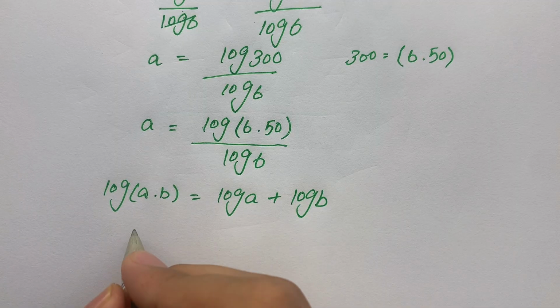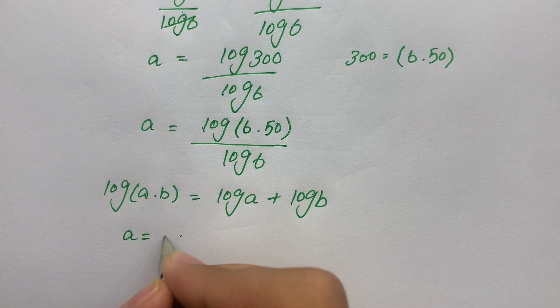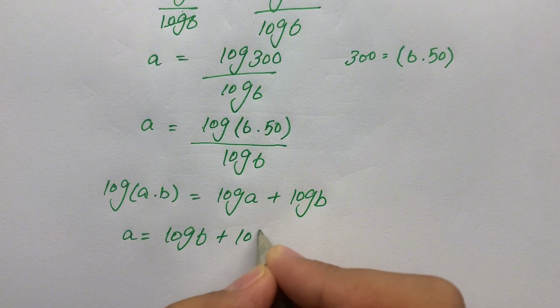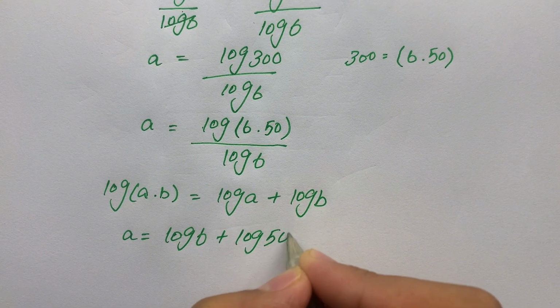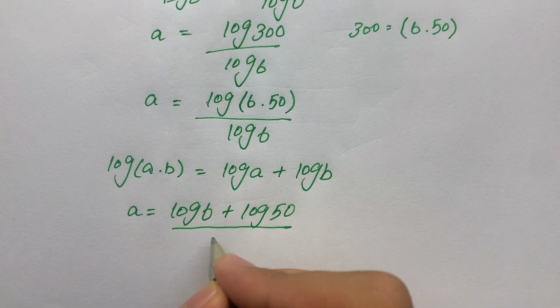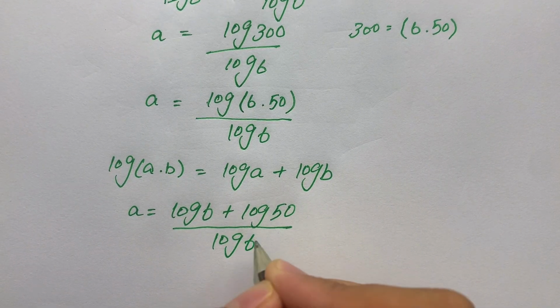After using this formula, a is equal to log of 6 plus log of 50 divided by log of 6.